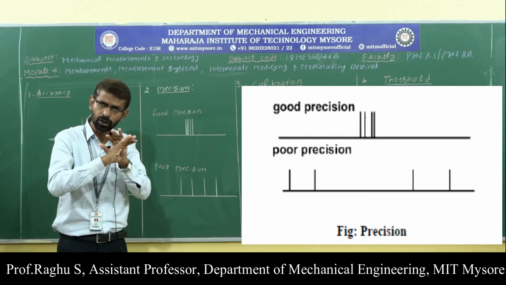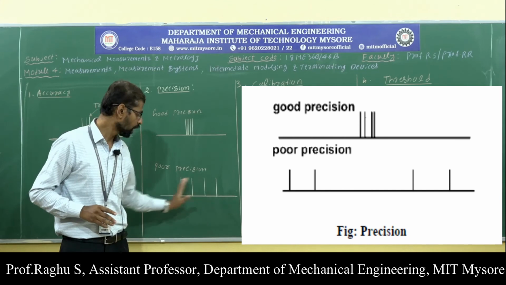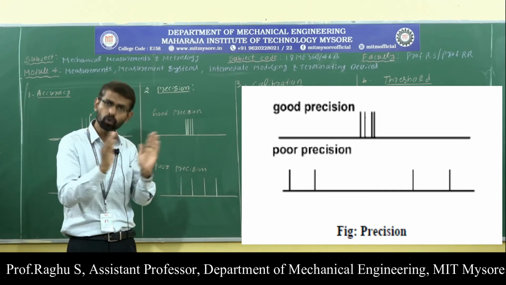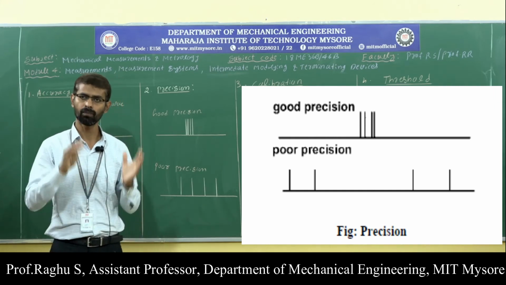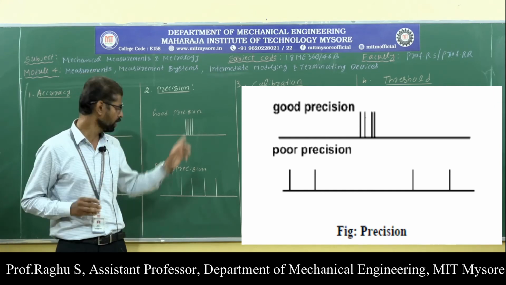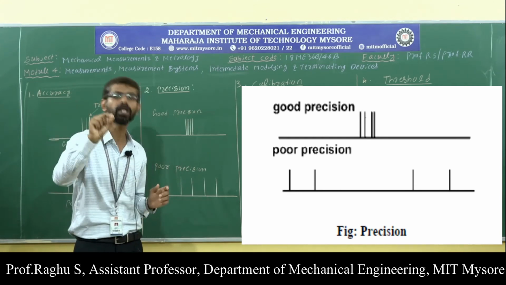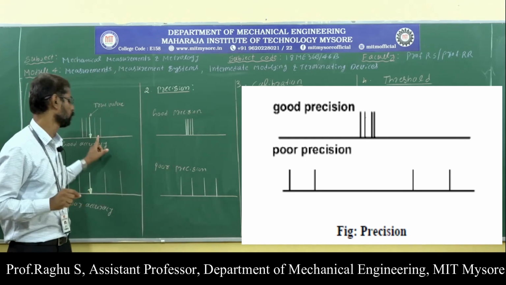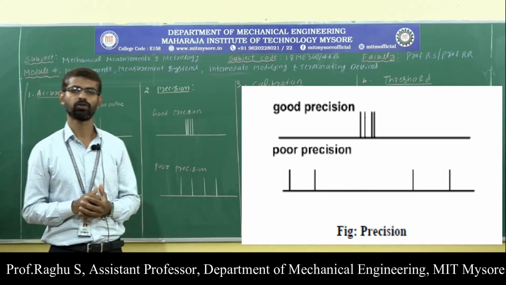If they are not closer to each other, it is poor precision. If the measured values are closer to the true value, then it is good accuracy, remember. This is the difference between accuracy and precision.